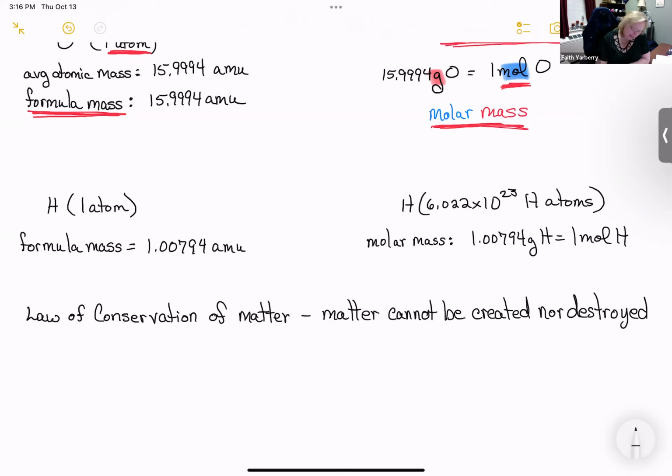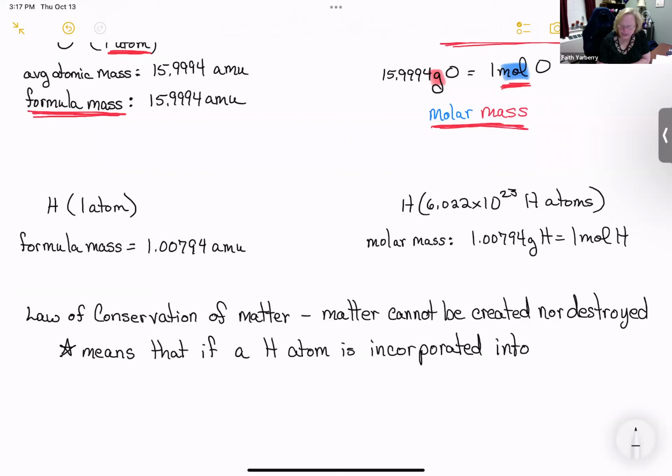It means that if a hydrogen atom is incorporated into, say, water, it will bring its mass with it.